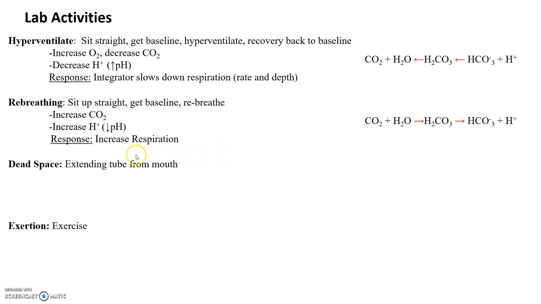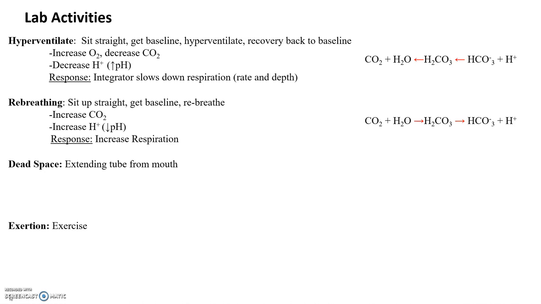The third exercise that we'll be collecting data from is what's called dead space. Essentially, this is what can happen if you breathe out of a snorkel, or if you take a large tube from your mouth, you have increased dead space. Traditionally, we have a little bit of dead space in our trachea and the parts of our airways that don't exchange gas.